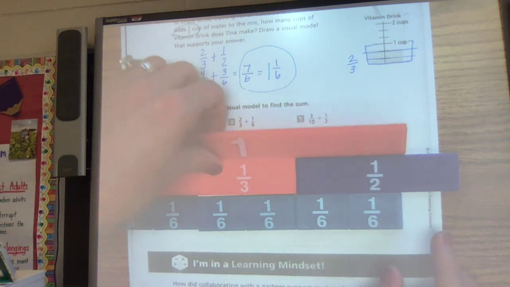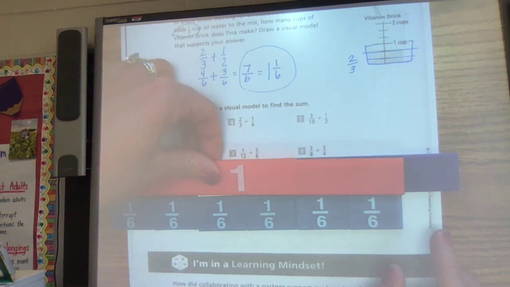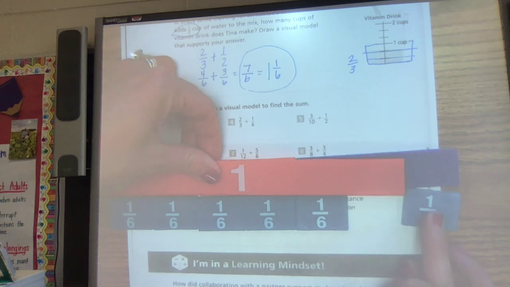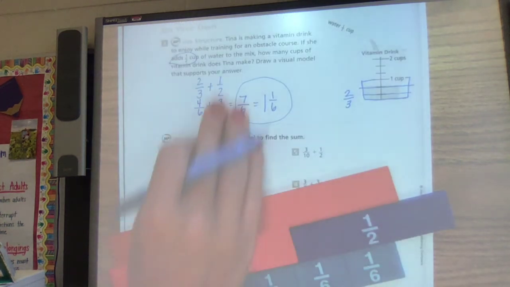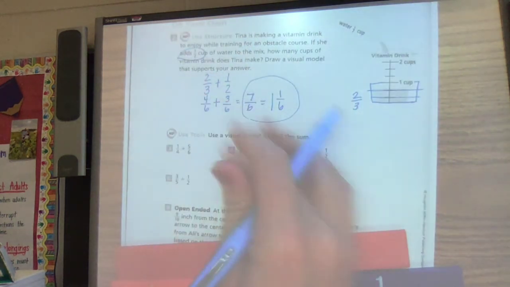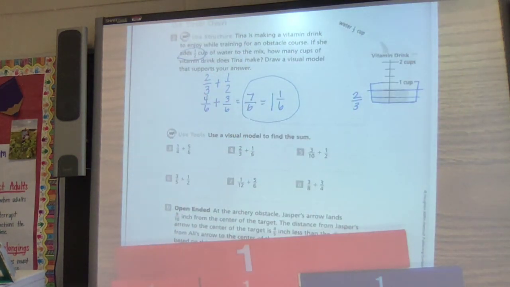You can see that right here. And we know that we had 7/6, so we're going to have 1 whole and 1 more. Okay? There's some more right here you can practice if you need to, and then complete your homework for tonight.